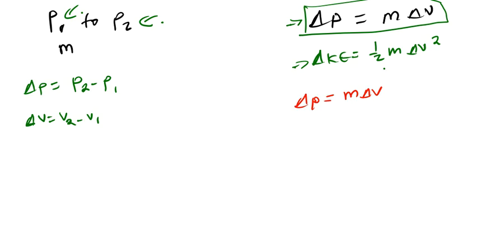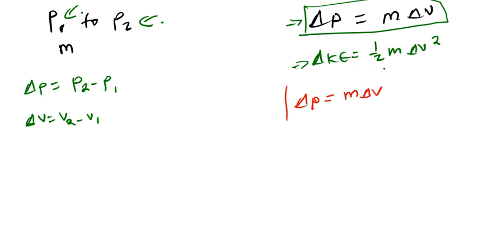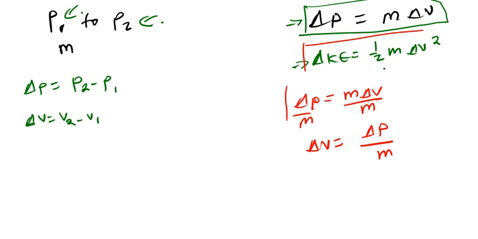Since we are going to be finding it in terms of the momentum, I need to make V the subject of the formula. So I will divide both sides by M. So the change in V will be equal to the change in P divided by M. Now in this formula, where there is change in V, I'm going to replace it with the change in P over M.